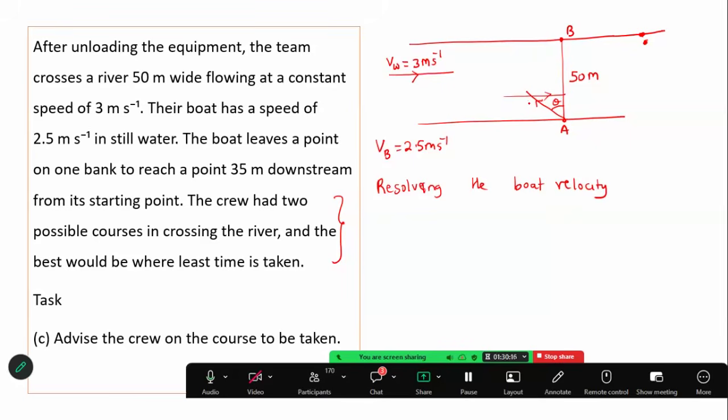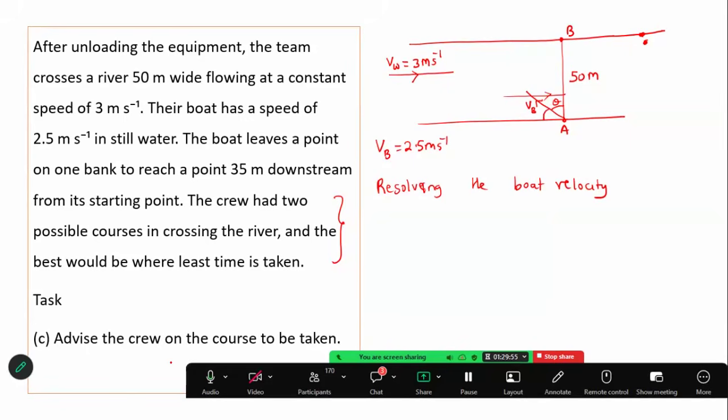If this is our boat, I've called it VB, and I want to resolve it. When you are getting your angle, if you place it here, be very careful how you resolve.